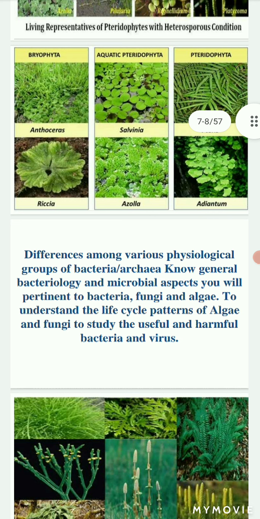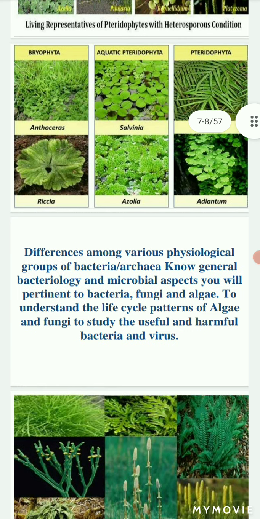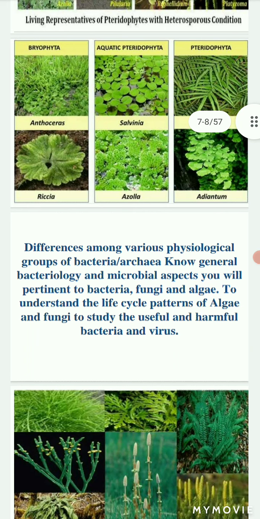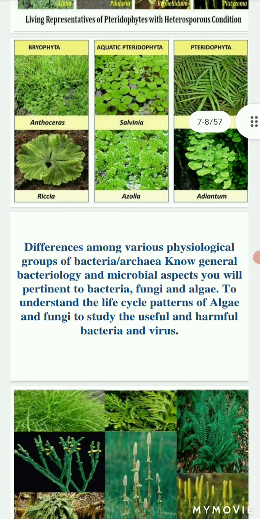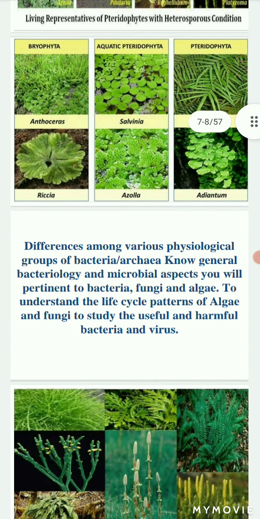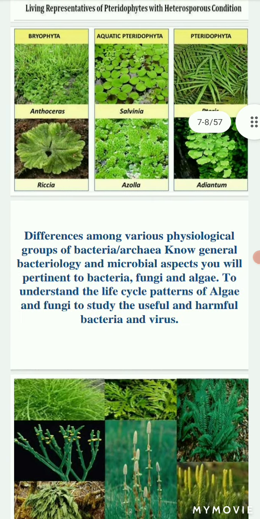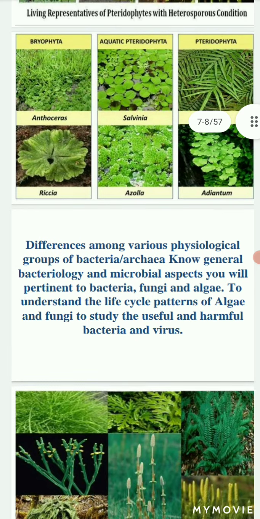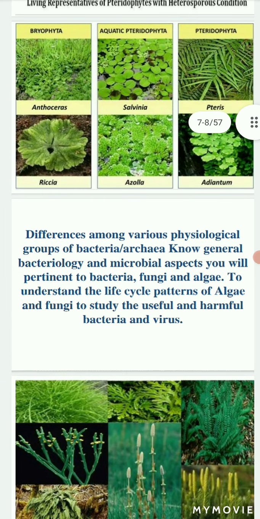When we study the differences among various physiological groups of bacteria, archaebacteria, and then general bacteriology, microbial aspects, you will pertain to bacteria, fungi and algae, which are primitive plants. Then you understand the life cycle pattern of algae, fungi and study the useful and harmful bacteria and viruses.